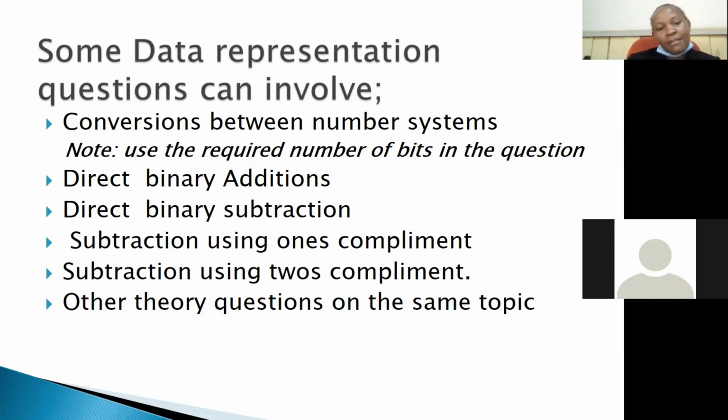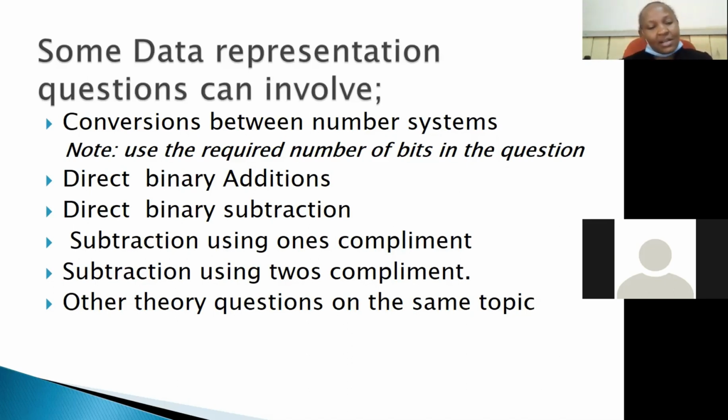So 56 minus 28. How do you approach that after writing the question? You convert each of those numbers to their binary equivalent. Once you convert the numbers to their binary equivalent, you get the one's complement of the negative number, and then you add the binary equivalent of the other number to the one's complement of the negative number.